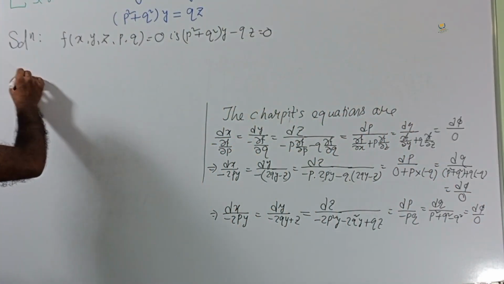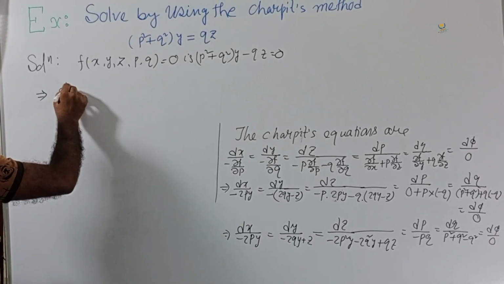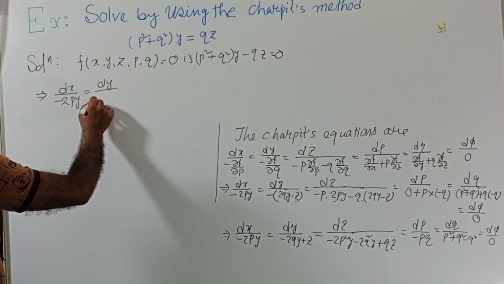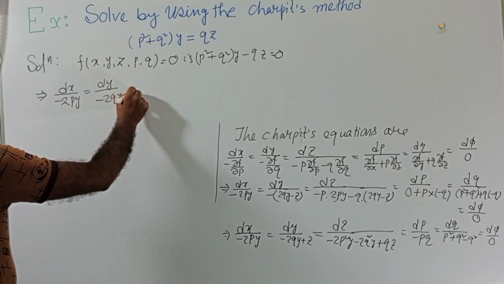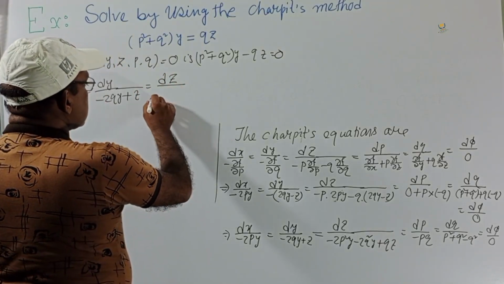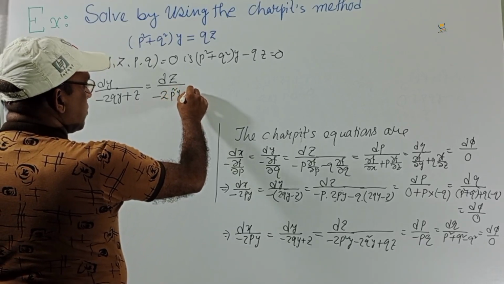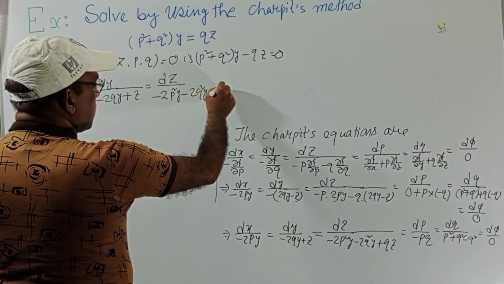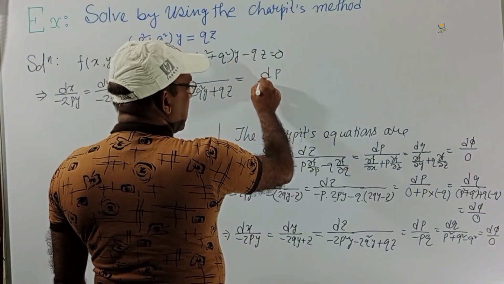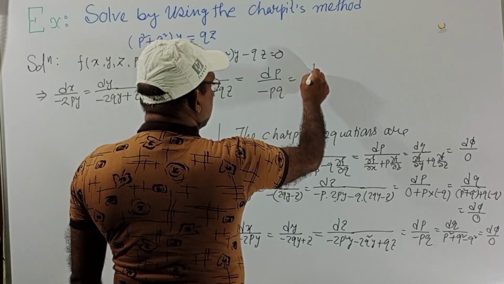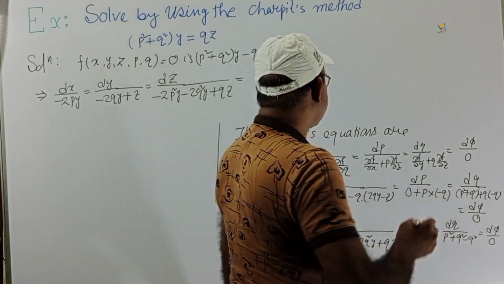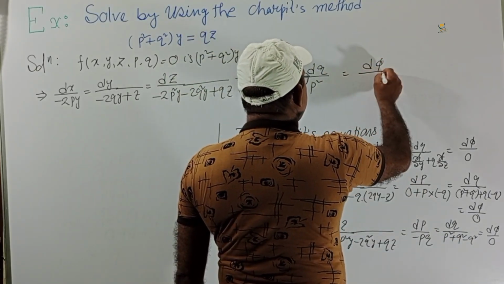This implies dx by minus 2py equals dy by minus 2qy plus z equals dz by minus 2p²y minus 2q²y plus qz equals dp by minus pq equals dq by p², because the q² cancel, equals d phi by 0.